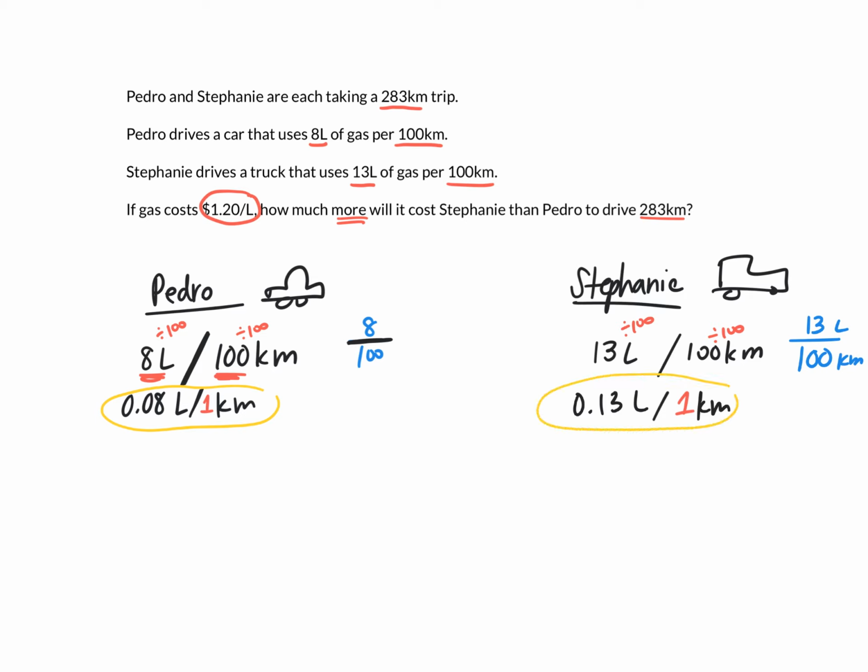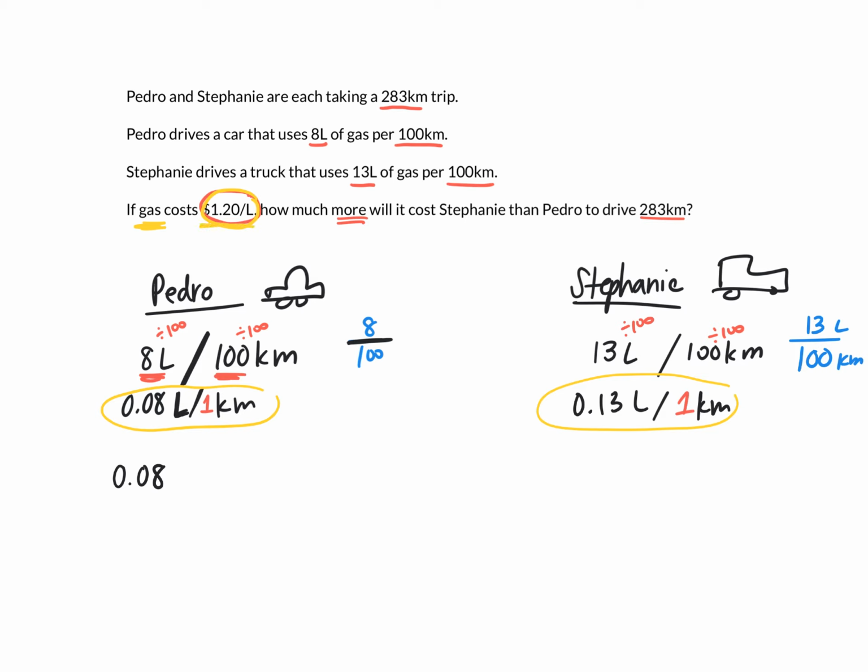Now, we have some other information here. We're told that gas costs $1.20 per liter, okay? So we want to figure out how much it will cost for gas per kilometer. Okay, well, we're going to use this information. We know that he's using 0.08 liters for every 1 kilometer.